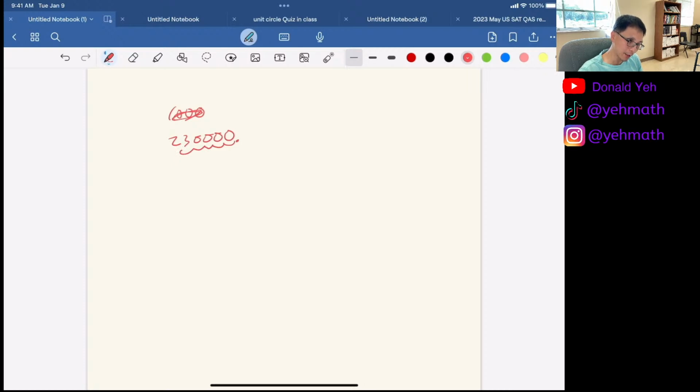Because scientific notation is a times 10 to the n, and a has to be greater than 1 but less than 10. So all you gotta do is move the decimal to where it's between 1 and 10. In this case, you move 1, 2, 3, 4, 5. So that's 2.3 times 10 to the 5. That's a representation of this.